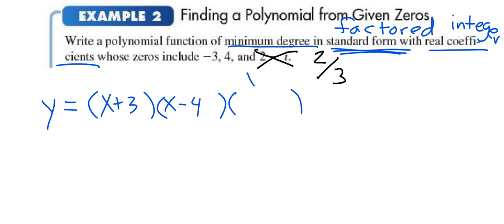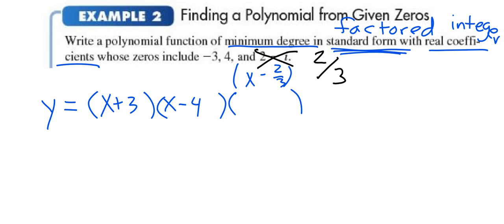Why is x minus 2/3 not correct? Because if we're required to have only integers, that would cause me to have fractions.